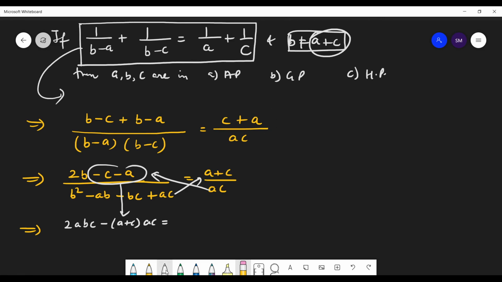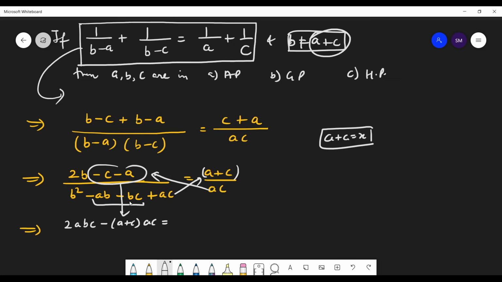So here also you have a plus c. See, here also you have a plus c. So when you have a plus c at a lot of places, students, what you can do is you can put a plus c is equals to x also, right?